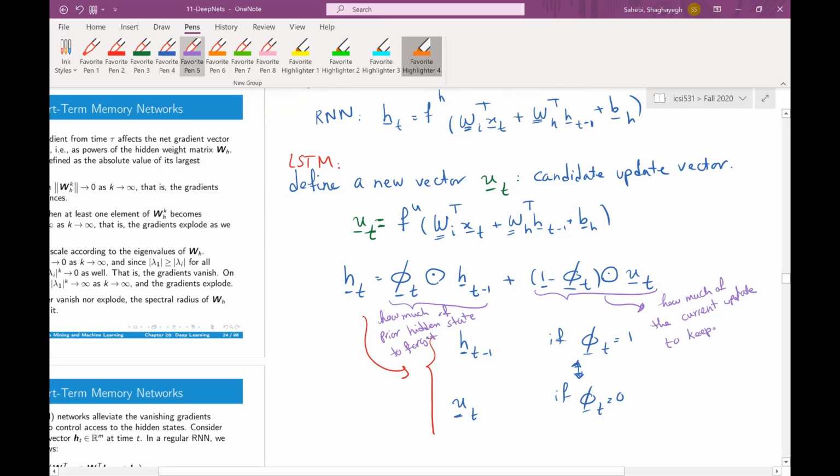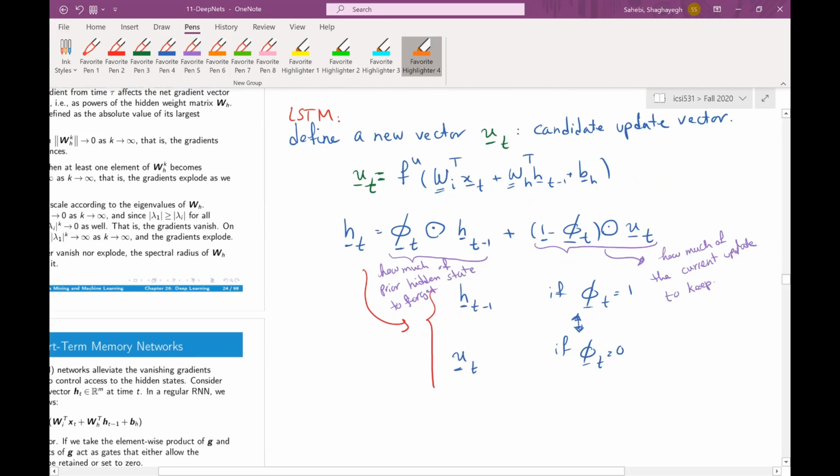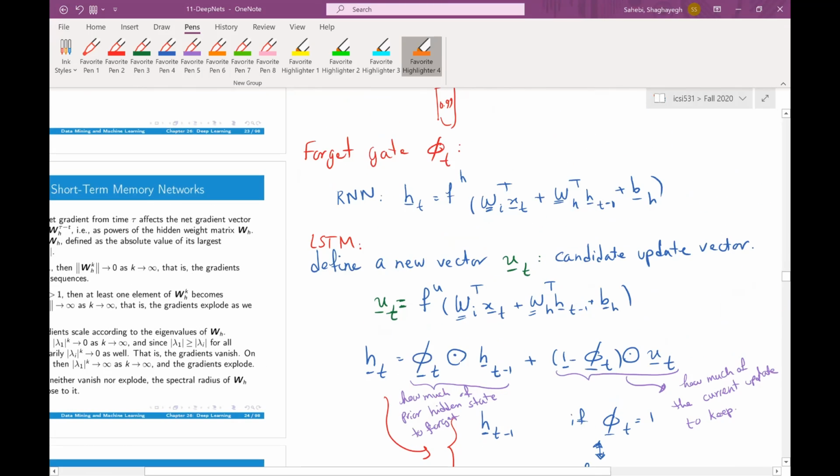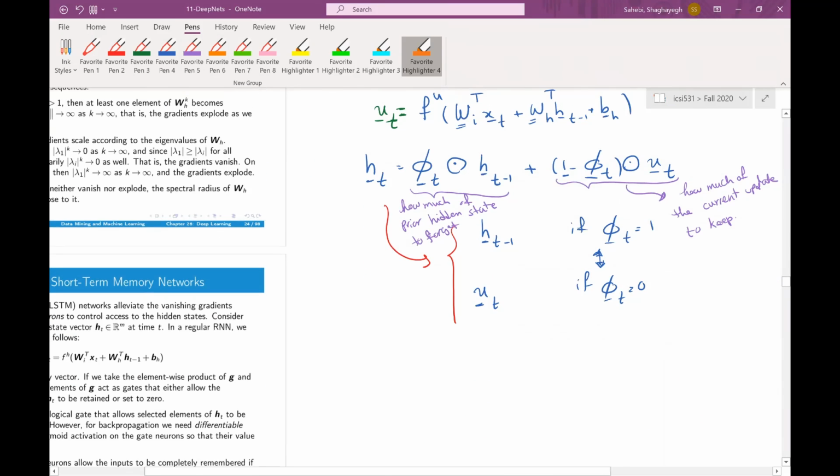Keep, basically, right? Okay, so now instead of just having h_t, we also have u_t and phi_t, and they're going to tell us how to update h_t. Now, how to learn this phi_t? Because we said that we are going to learn this forget gate, right? How to learn?